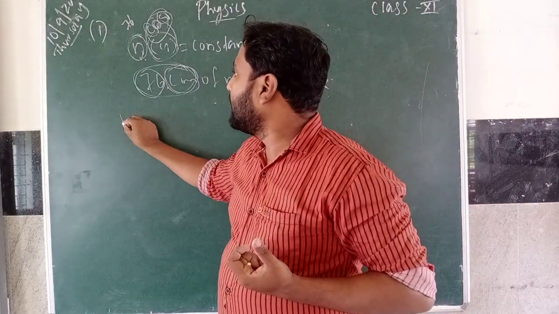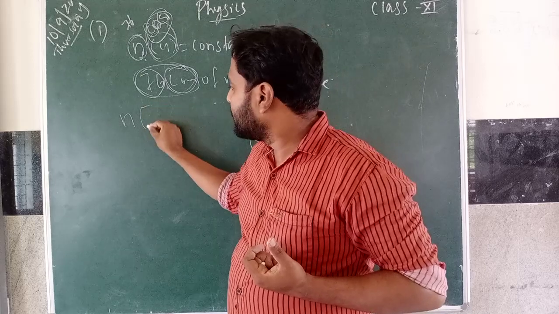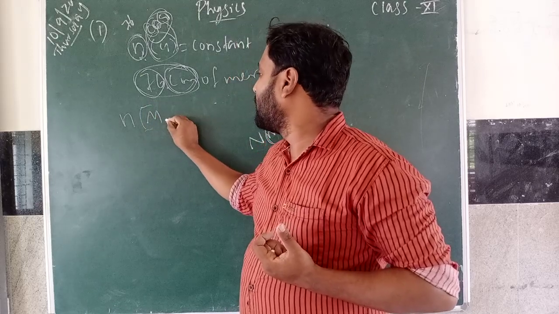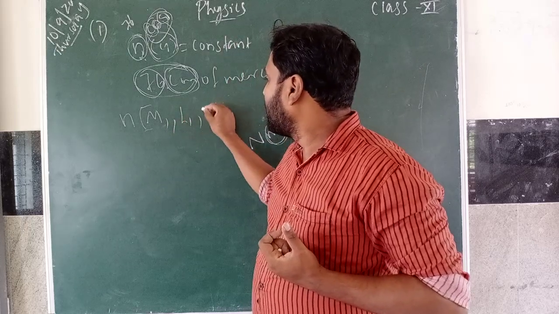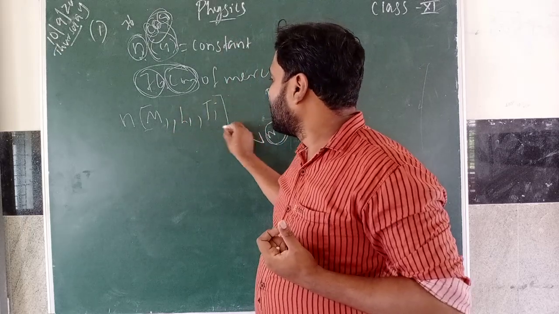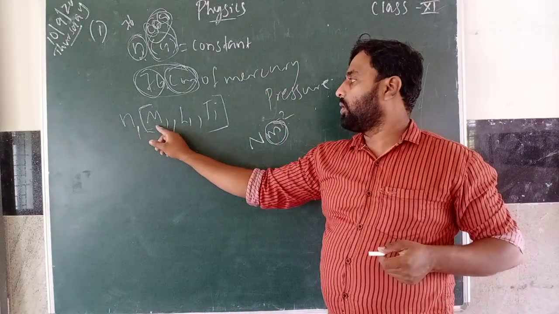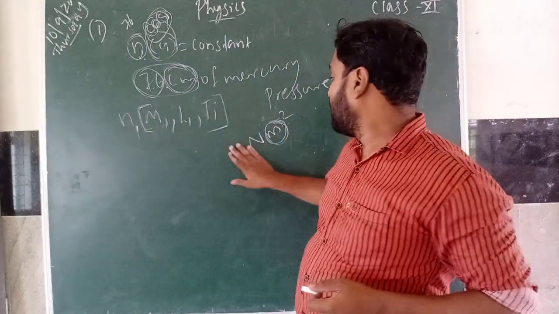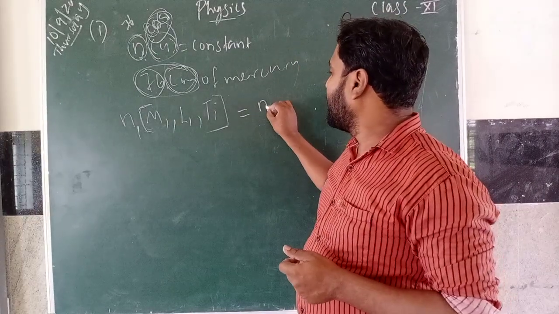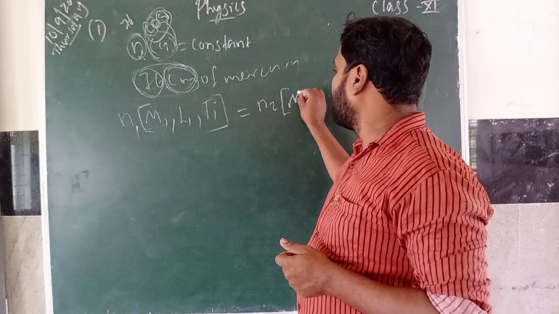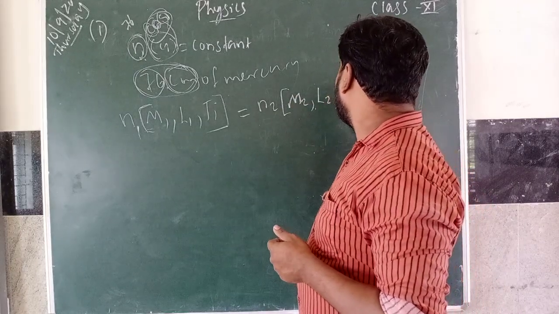So we can write this as n1 into M1 L1 T1, which is equal to n2 into M2 L2 T2.